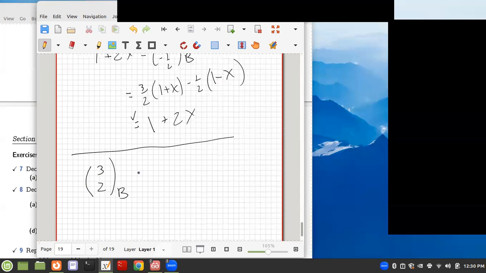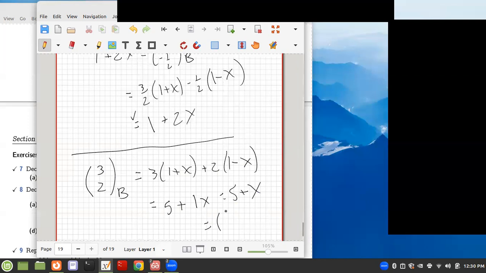Well, this is equal to 3 times 1 plus x plus 2 times 1 minus x, because the components here are the coefficients of the basis vectors 1 plus x and 1 minus x. That's what this notation means. So we can write this as 3 plus 2 is 5, plus 3 minus 2 is 1 times x, so it's 5 plus x. So you can go back and forth: this is equal to 5, 1 in the standard basis.